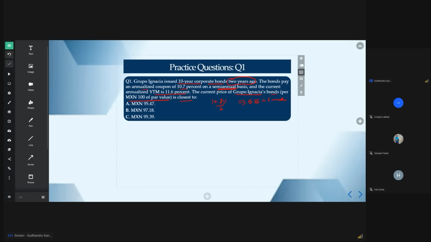We have time also, and as I told you, CFA is all about practice. 40% is the time you should dedicate to theory, 40% is the time you should dedicate to solving questions, and 20% is the time you should dedicate to revision. So it has to be very active learning. You cannot do passive learning.